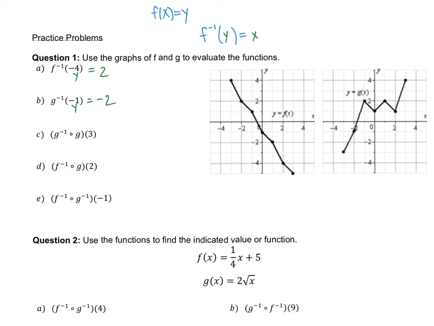Now here's a caveat. Notice how the f function would pass the horizontal line test, which is good. But the thing is, g isn't so nice. It does not pass the horizontal line test, because if I were to draw a line right here, notice it would hit almost 5 spots.